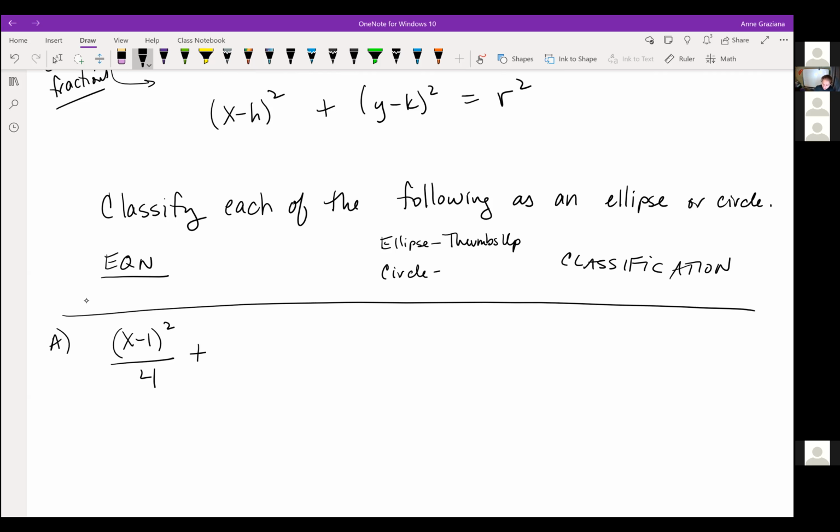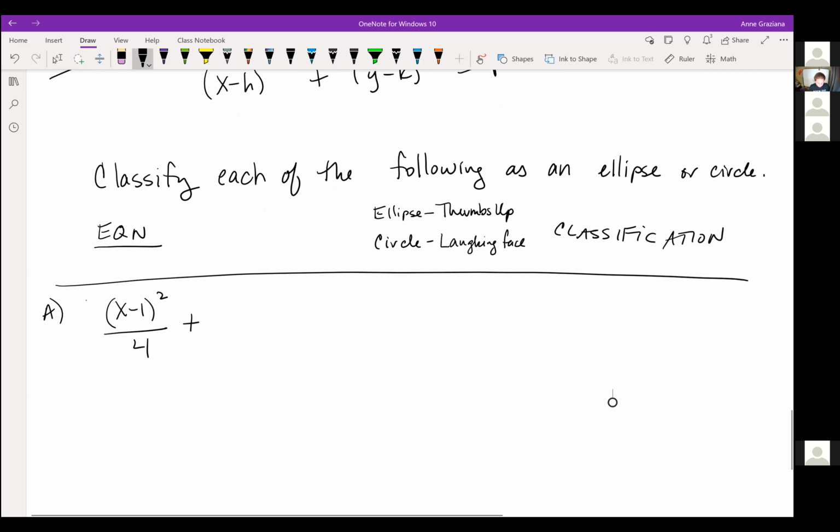I think it should be one of the smiley faces because they're circles. Let's do laughing face. Okay, I wish I could draw those, but if I try, it'll just be a disaster.